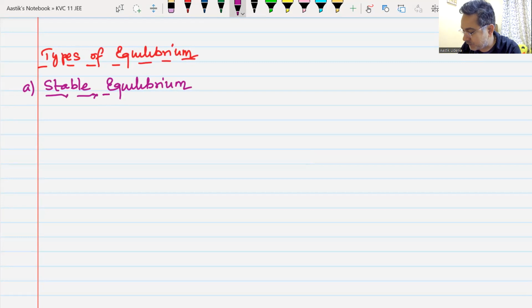The first type of equilibrium is known as stable equilibrium. Now, what are the important points that you have to remember about stable equilibrium? Anyone knows this?